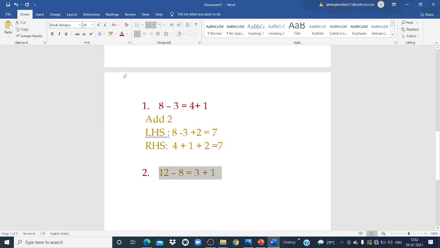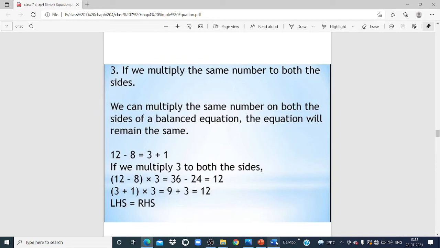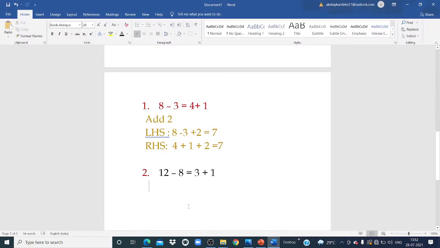We'll use a different color, that is black color. So what are we going to do? Multiply. If we multiply 3 to both sides, I will write here.